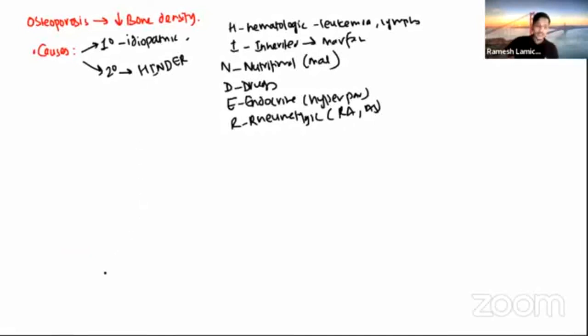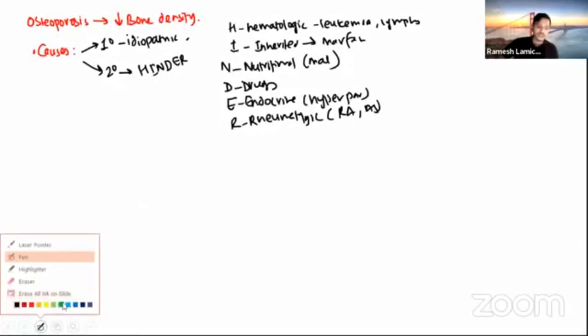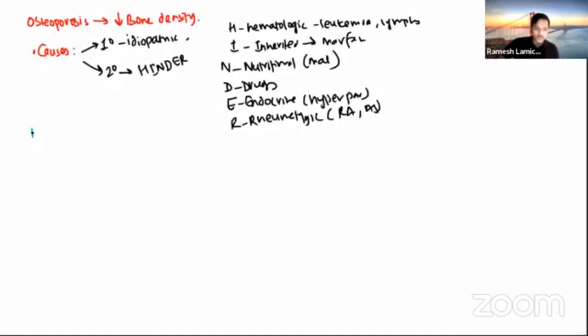They can ask you how you can diagnose osteoporosis. Diagnosis is by a specific test. The gold standard test for the diagnosis of osteoporosis is the DEXA scan. What is a DEXA scan? DEXA stands for dual energy X-ray absorptiometry.